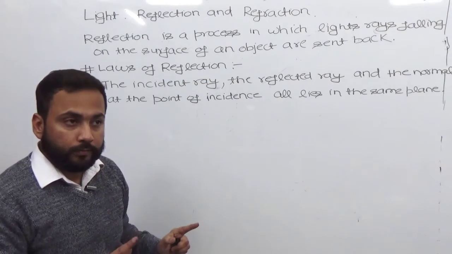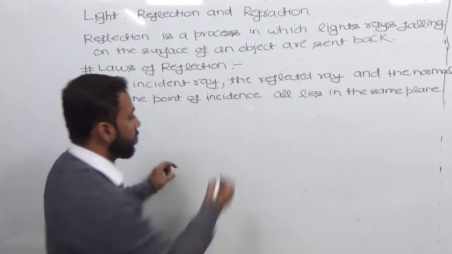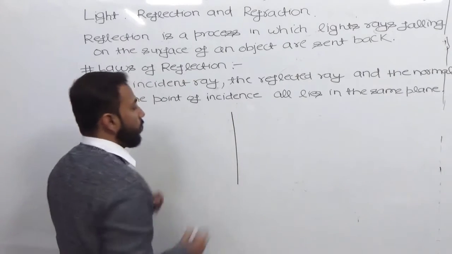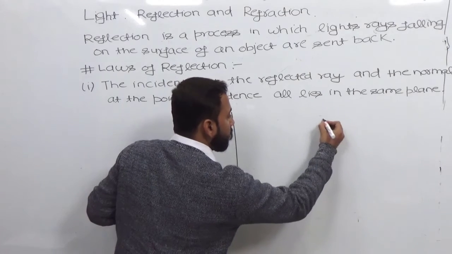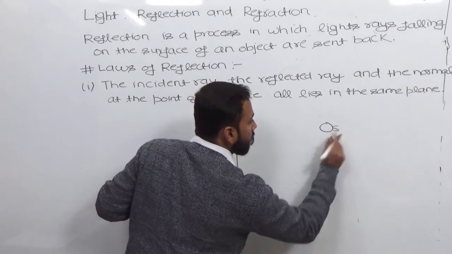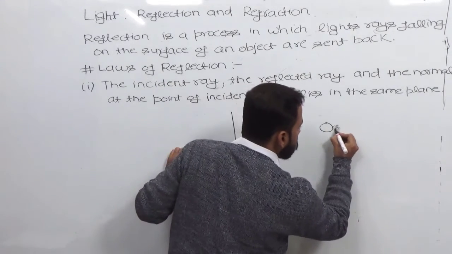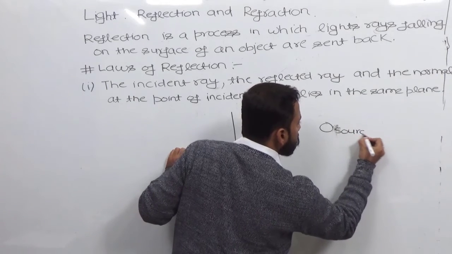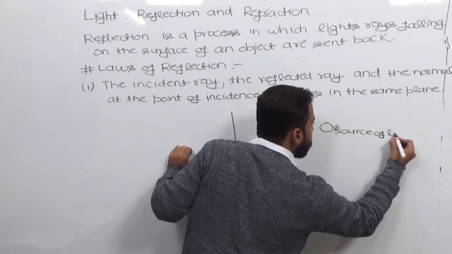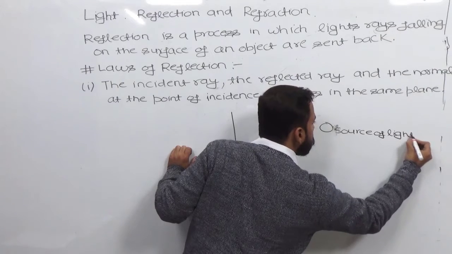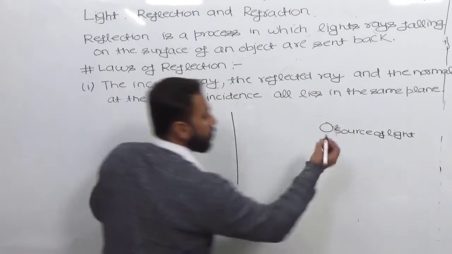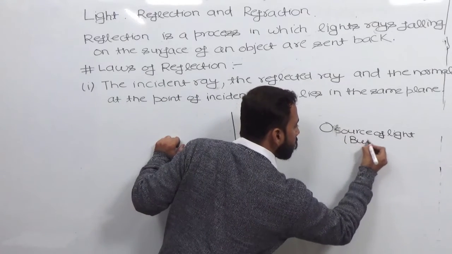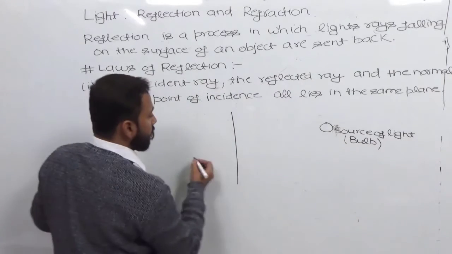This is your wall, this is the source of light, you can say bulb, and this is your surface.